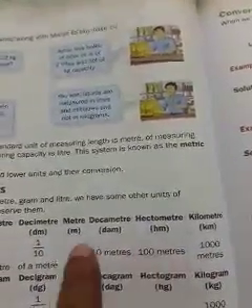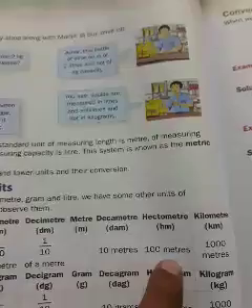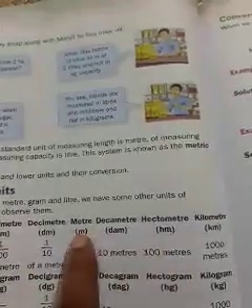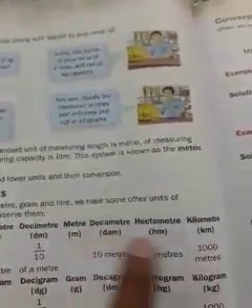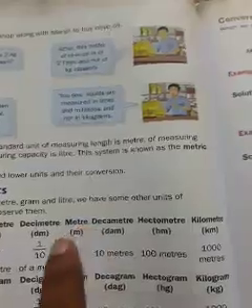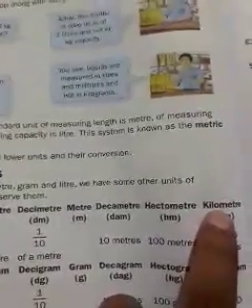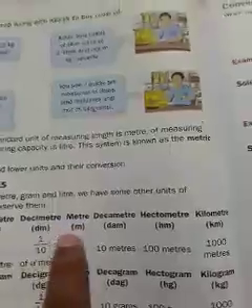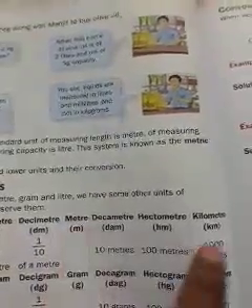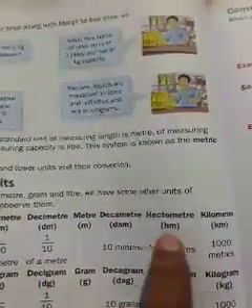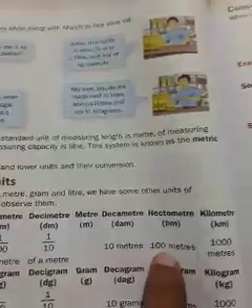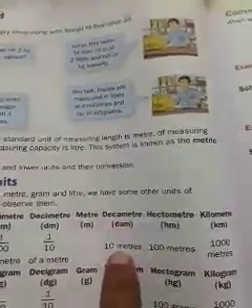Hectometer, how many times? 1, 2, so 100 meter. When you convert a bigger unit into a smaller unit, you have to multiply. Kilometer is a bigger unit and meter is smaller, that's why you multiply. 1 kilometer is 1000 meter, 1 hectometer is 100 meter, 1 decameter is 10 meter.